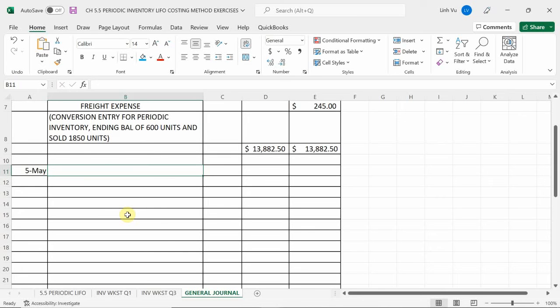So how would I practice journalizing that I purchased inventory?